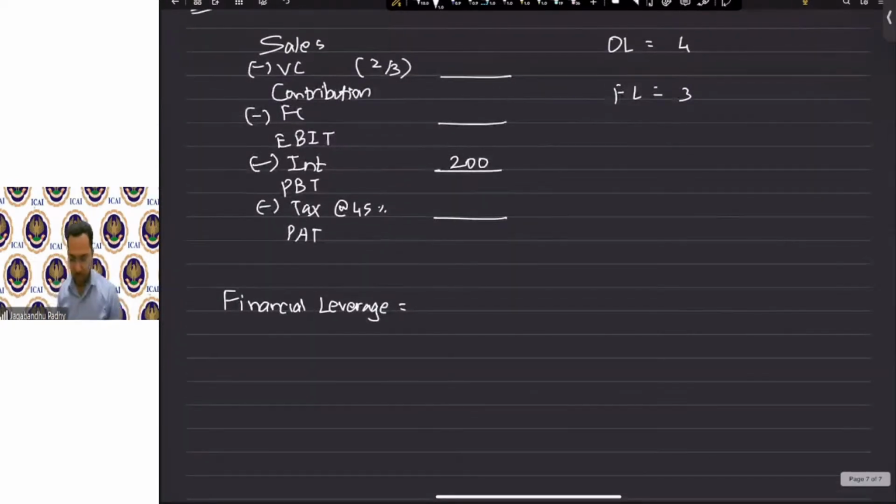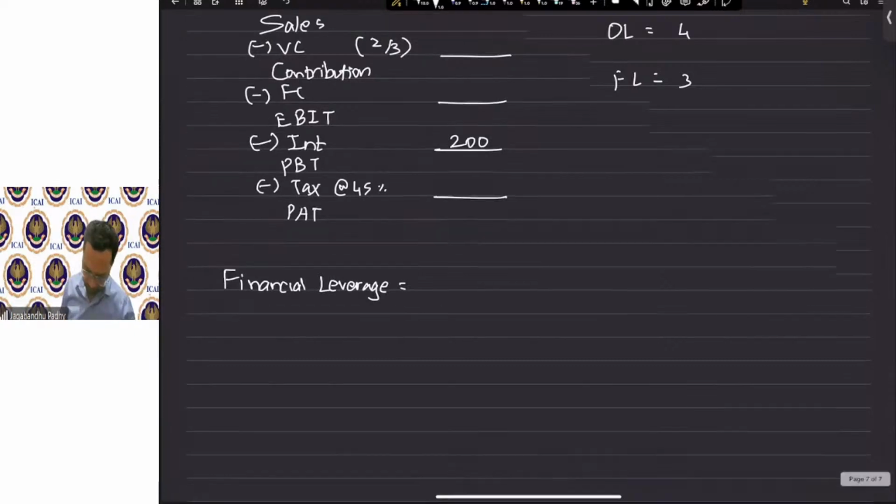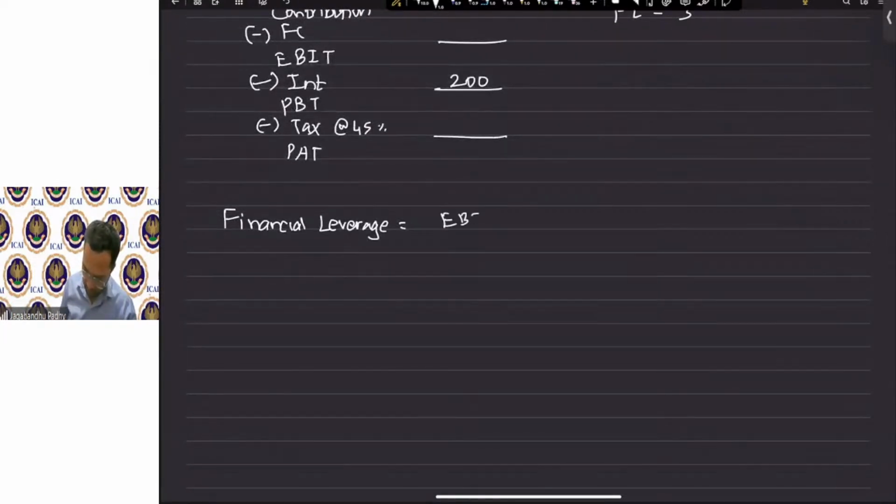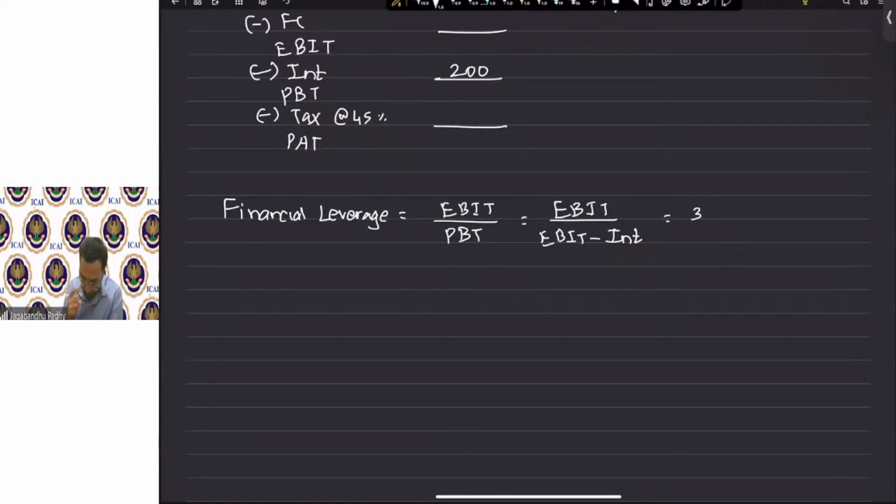Financial leverage is EBIT upon PBT, right? We can rewrite this EBIT upon PBT as EBIT upon EBIT minus interest, and this is equal to 3. So EBIT is something which we don't know. Let's keep it as it is. EBIT upon EBIT minus interest of 200 is equal to 3.